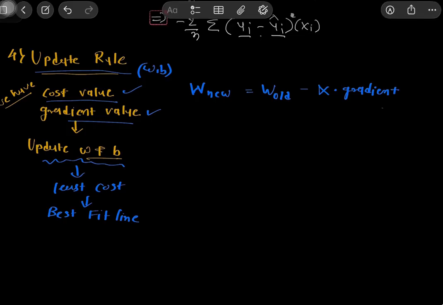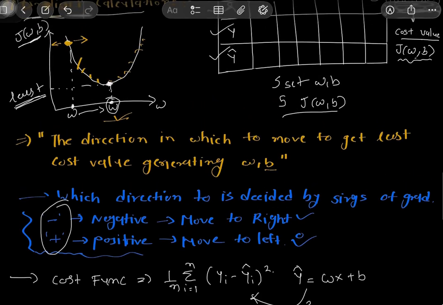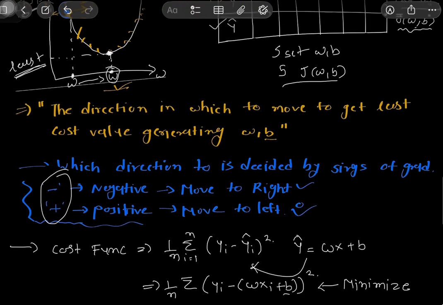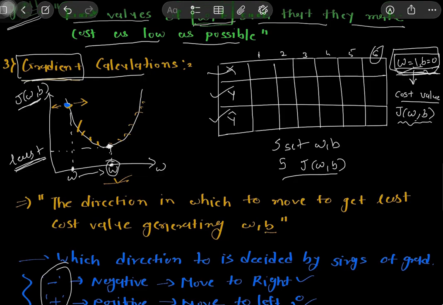Here this alpha is our learning rate. It is the size of a step that we have to take in the direction of the W. So if we go back to our graph, here we were at this point. First of all, we calculated our gradient value. That gradient will tell us we have to go to right or to left.